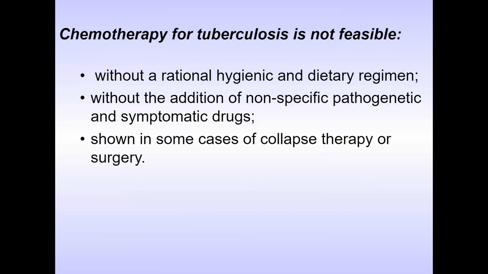Chemotherapy for tuberculosis is not feasible without a rational hygienic and dietary regimen, without the addition of non-specific pathogenetic and symptomatic drugs, and is shown in some cases with collapse therapy or surgery.